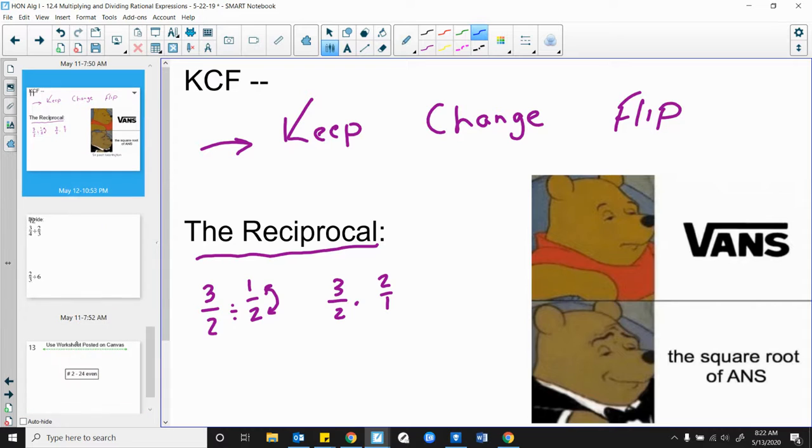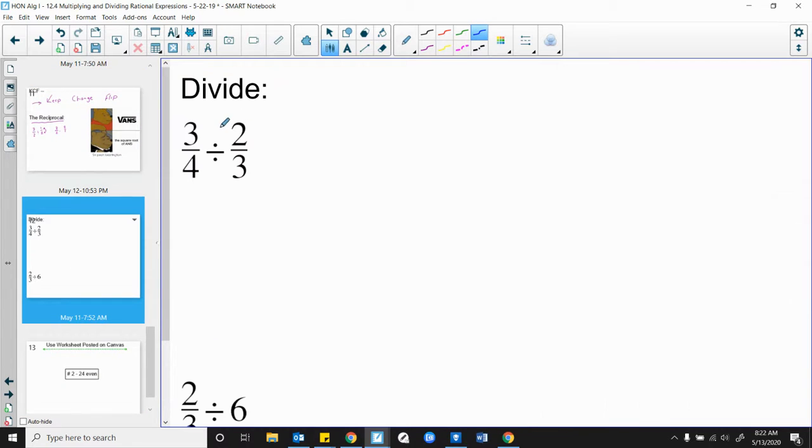Okay, and I'll show you how that works on this first division problem. I have 3/4 divided by 2/3. I'm going to keep the first fraction, so 3 over 4, I keep. I'm going to change the division sign to multiplication, and then I'm going to flip. Keep, change, flip. This becomes 3 over 2. Now, it's a division problem that I've just turned into a multiplication problem, and this will get me the correct answer for the division problem.